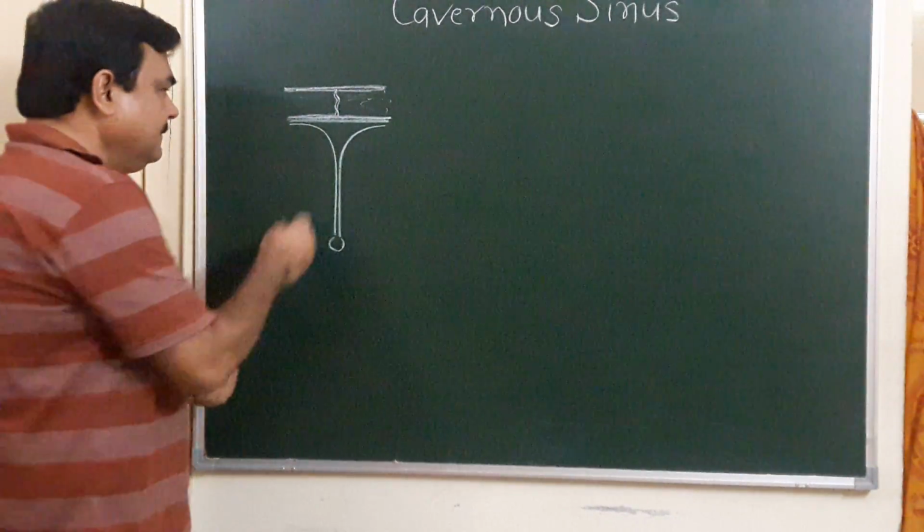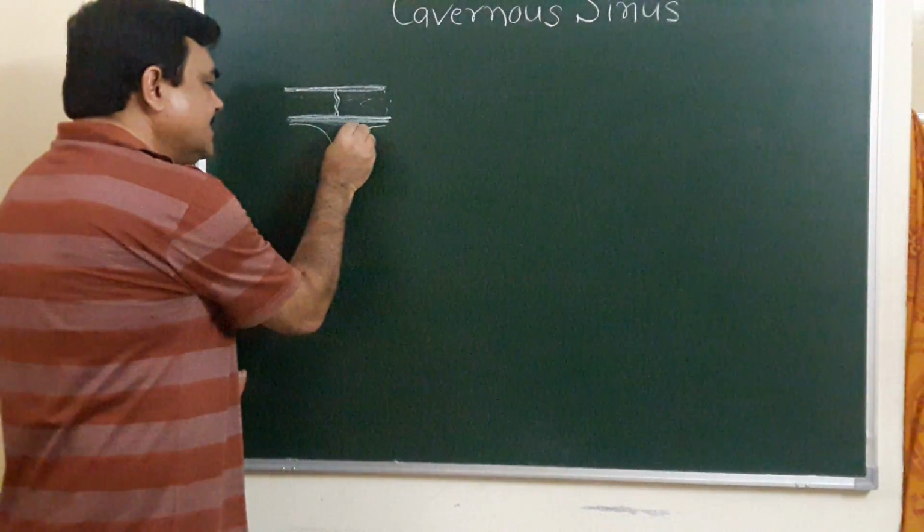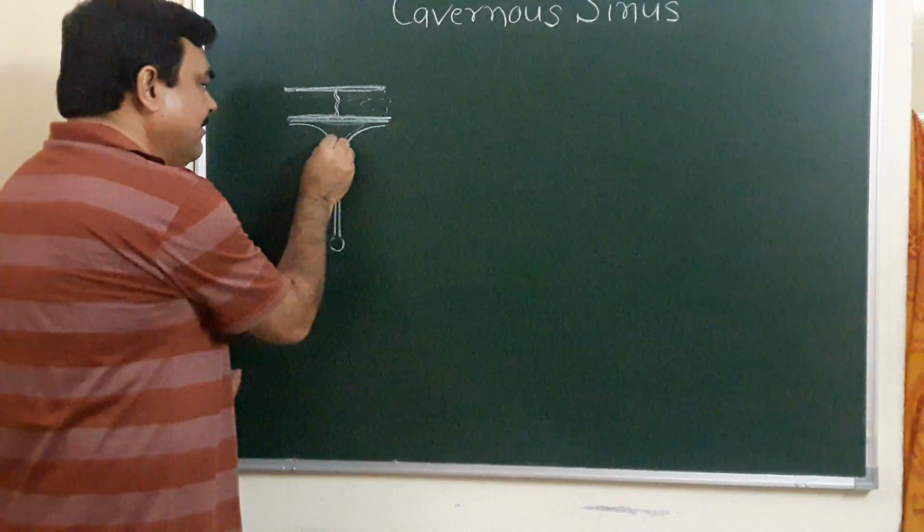Between these two layers, this dural venous sinus is formed, which is internally lined by endothelium.